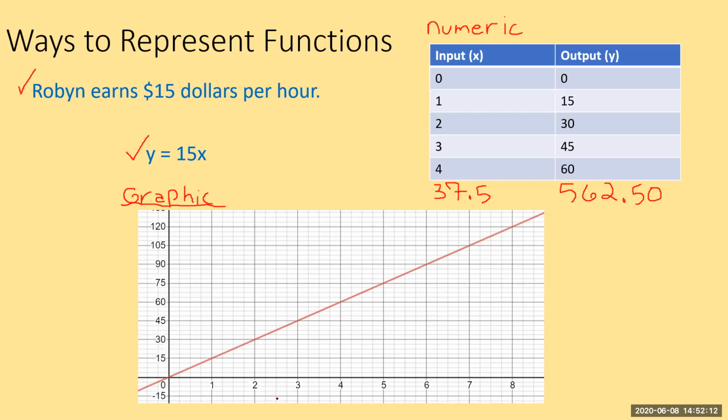So along the X-axis, I've got our input, which is hours or time. And then along the Y-axis, we've got her earnings, right? The amount of money that she's going to earn in dollars. So we'll call that earnings.